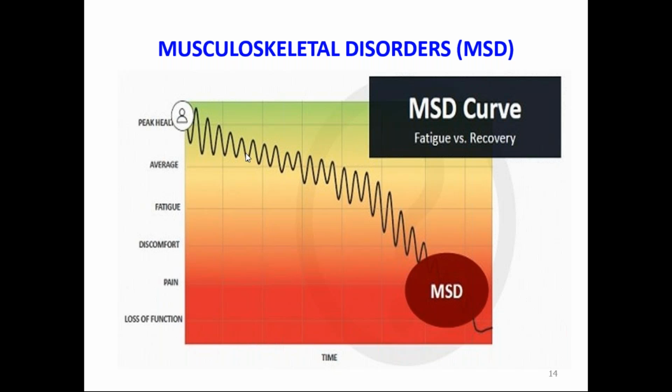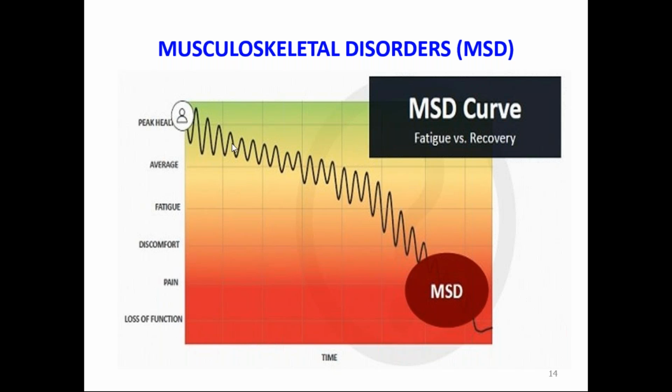Then those health issues may be converted into fatigue, and then we feel discomfort, and then we may feel some pain in that particular body part. And if we still continue with the wrong practices, wrong gesture and posture, wrong working styles, then we may lose a particular function of that body part, and it may be converted into MSD, right?